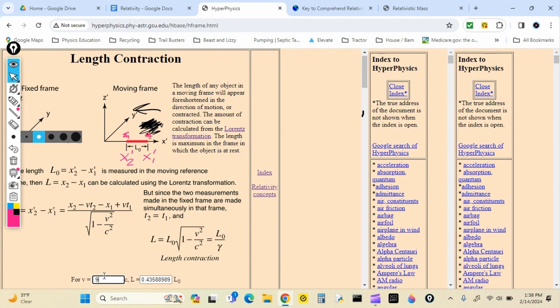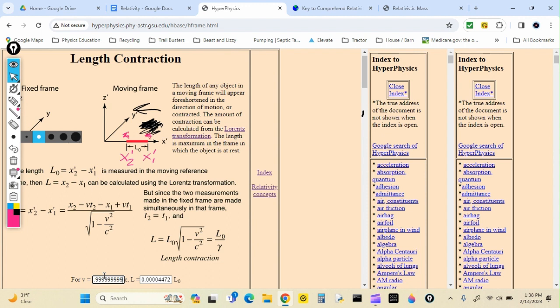And if I add some more nines here, then we're starting to get a really short length. What if I keep going with nines? The length gets really short.